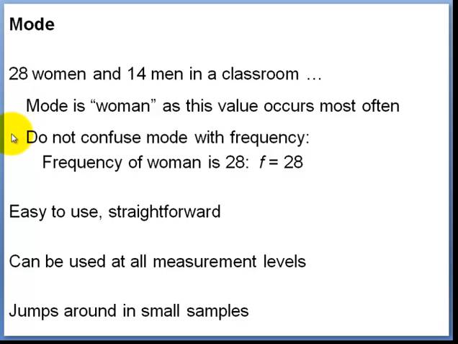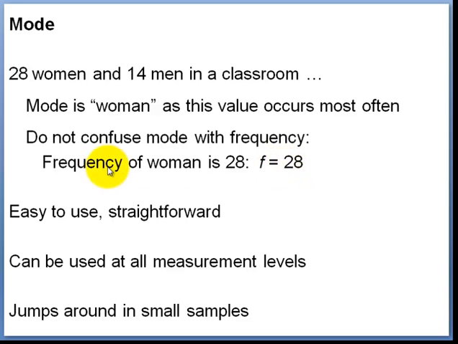Don't confuse the mode with a value's frequency. Here the mode is woman. On the other hand, the frequency of woman is 28. So woman occurs more often than does men, therefore woman is our mode.